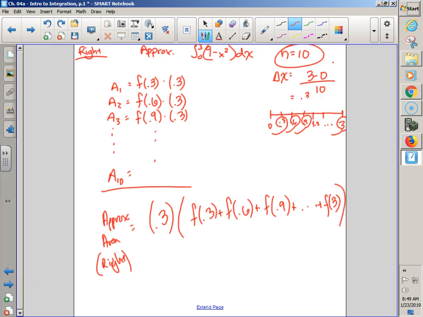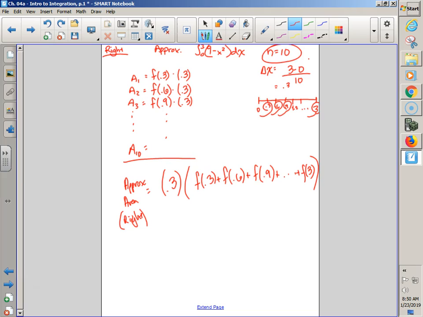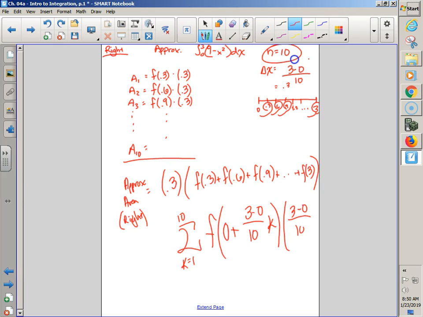But how would this have been rewritten as a sum? The sum of 10 of f of, let's see if it works. A plus, because A is the beginning, K times B minus A all over N, times B minus A all over 10.